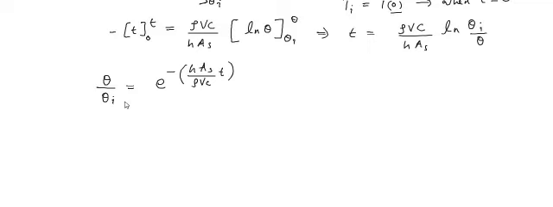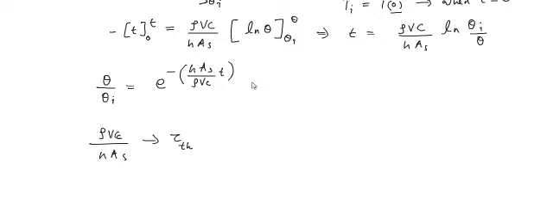Now this quantity ρVc over hAs has the dimension of time, and that is called the thermal time constant. So this is the thermal time constant given by τt. This quantity is called the thermal time constant.